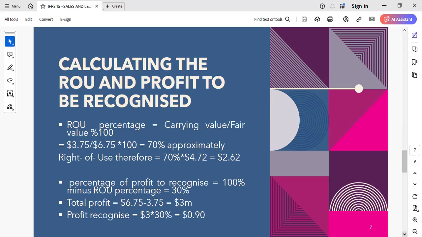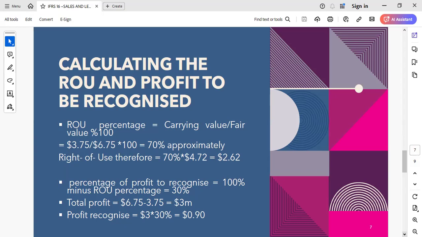The lease liability is being given to us. Then what we need to calculate is the right of use and the profit or loss on disposal. So in this question, we are assuming that the transfer qualifies as a sale. Then we are leasing back the asset.